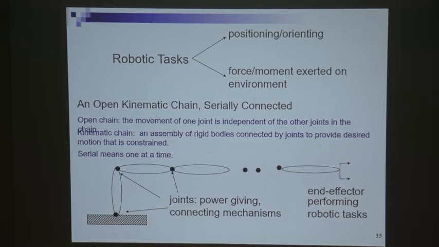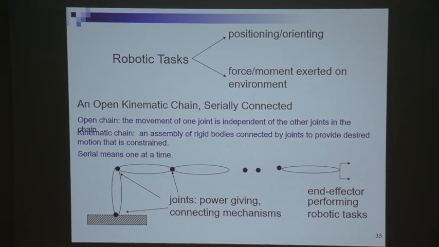When we talk about specifying a robotic task, the task itself could comprise positioning as well as orientation. Positioning: you place your pencil at a specific point. Orientation: you place the pencil in a specific orientation. An object will always be specified by its position as well as its orientation.